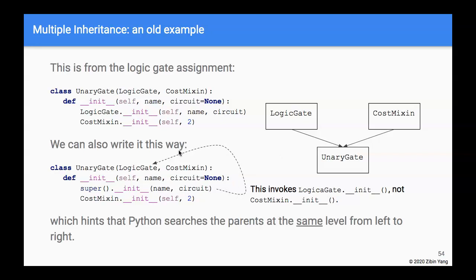And that works fine. So when you think about this and look at this picture, you can come to the conclusion that Python searches the parents at the same level from left to right, because super().__init__ actually calls the LogicGate's __init__.